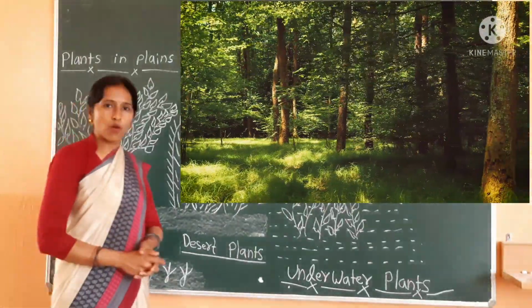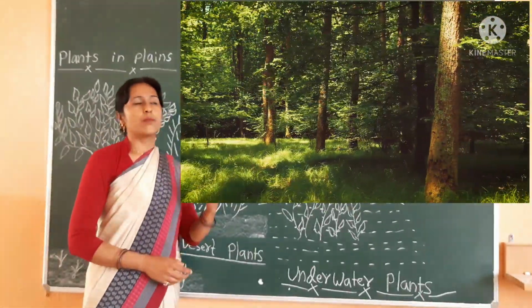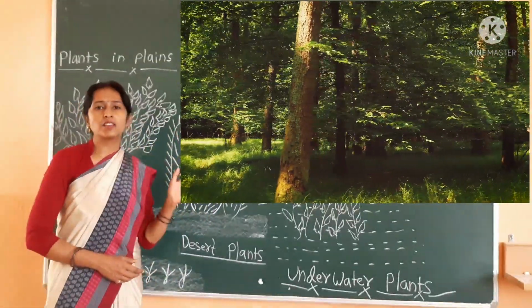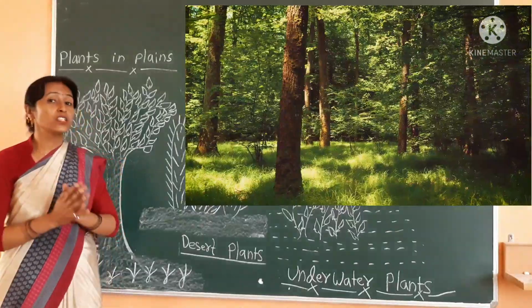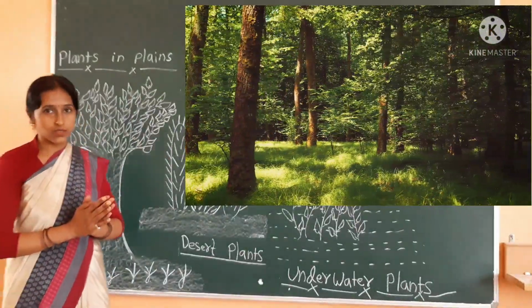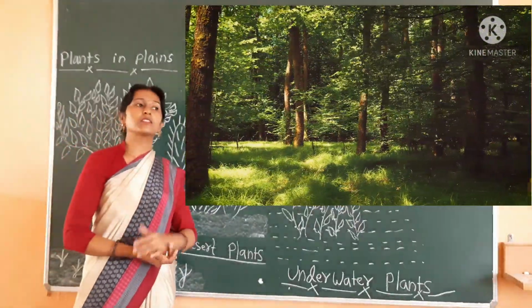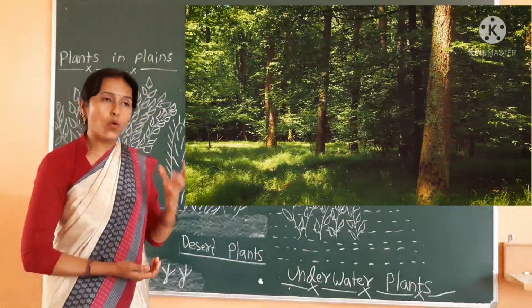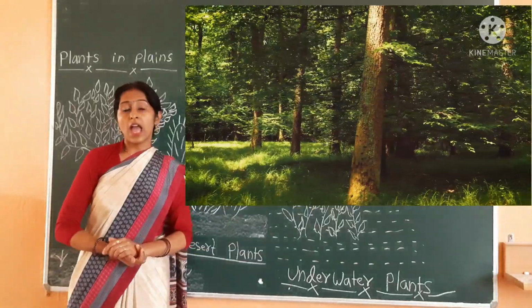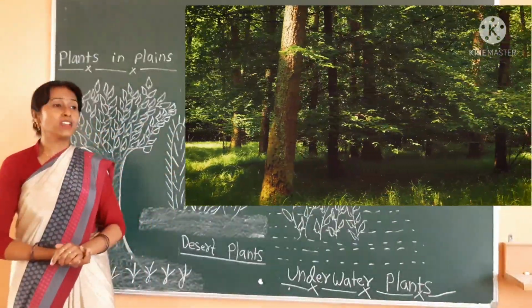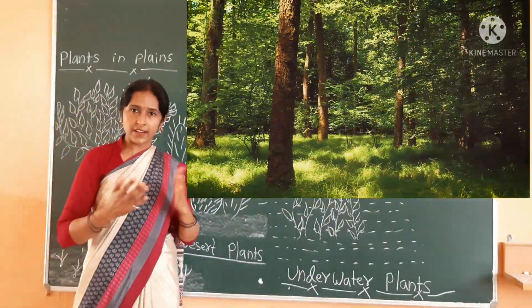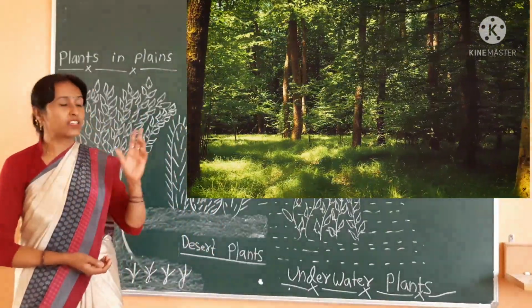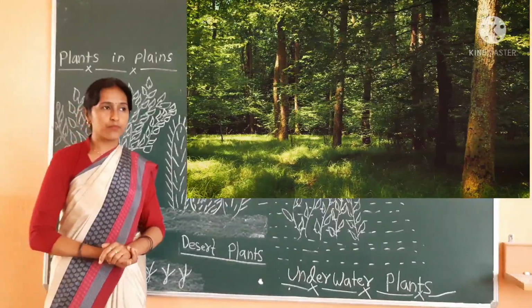Because of the rainfall, these plants which are found in plain areas are categorized in 2 parts. The first one is the plants which receive low rainfall, and the second one is the plants which receive high rainfall.